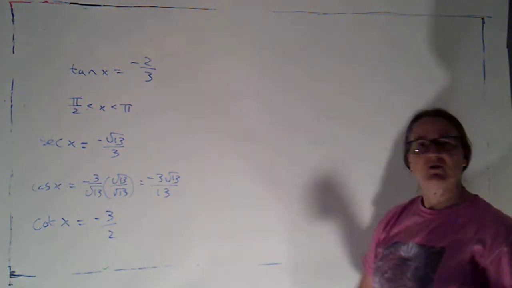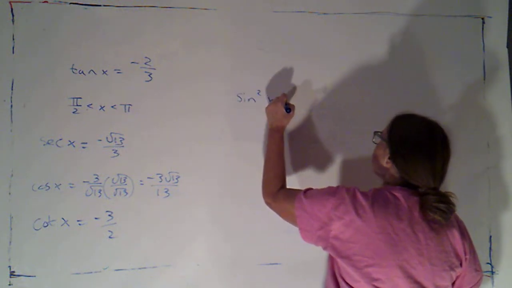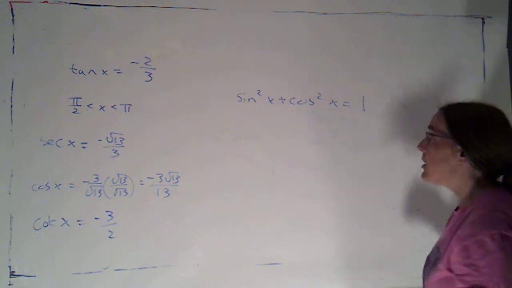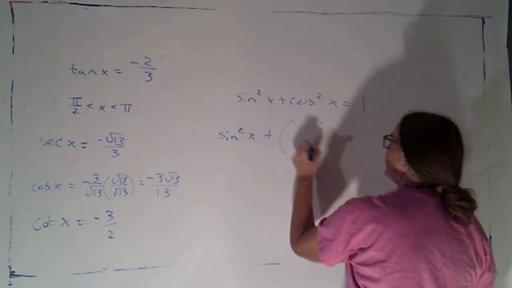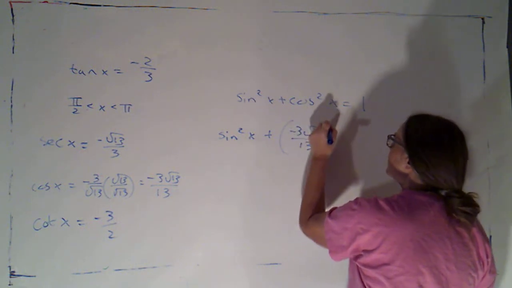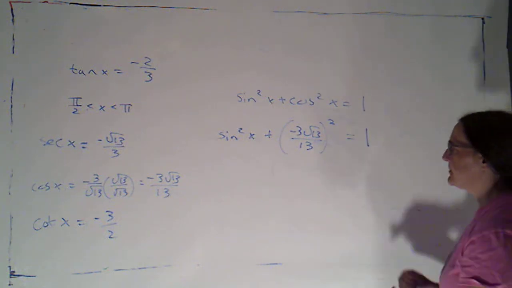I think I'm just going to use my Pythagorean identity there. So sine squared x plus cosine squared x equals 1. I know cosine. So sine squared x plus negative 3 root 13 over 13, squared, is equal to 1.